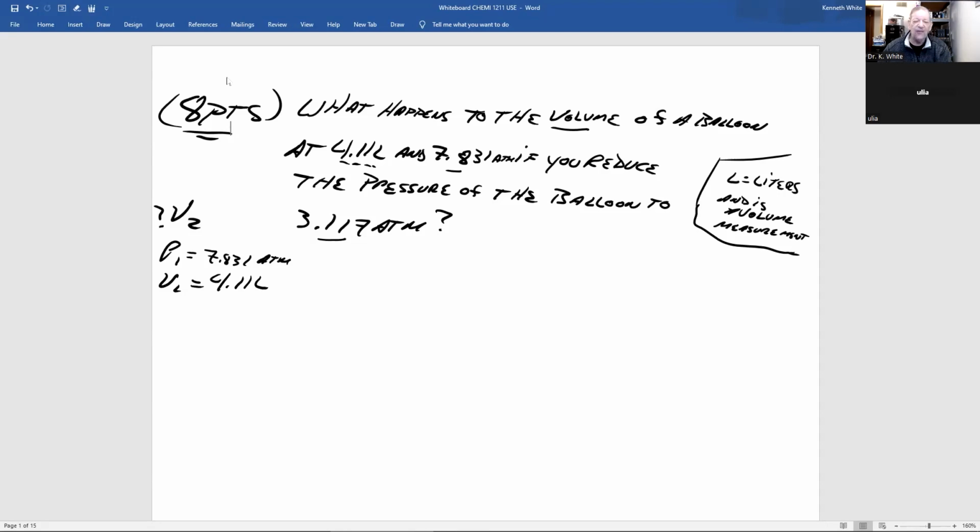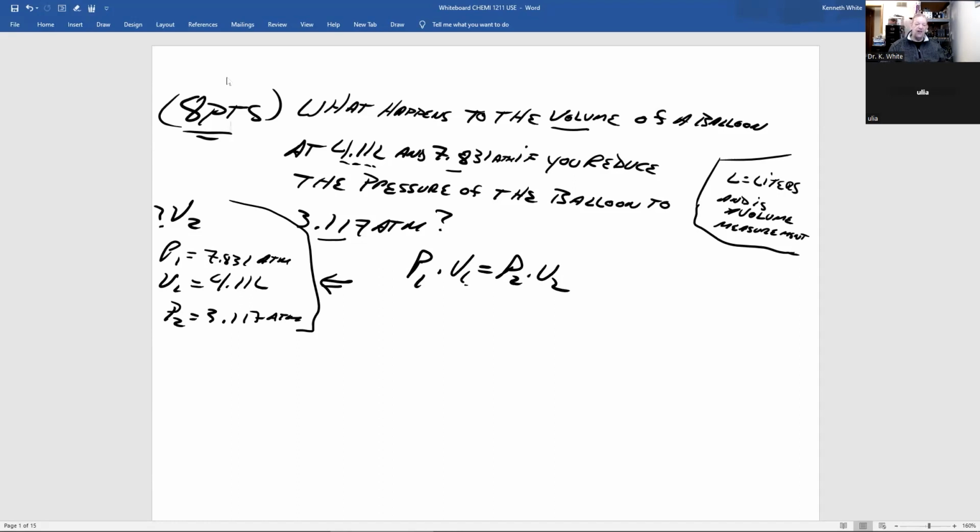And the new pressure that you change it to, that's P2, the final pressure, 3.117 atmospheres. Now, if we look at this, all you see are pressure and volume. And immediately that tells me I should use P1 times V1 equals P2 times V2, Boyle's law.